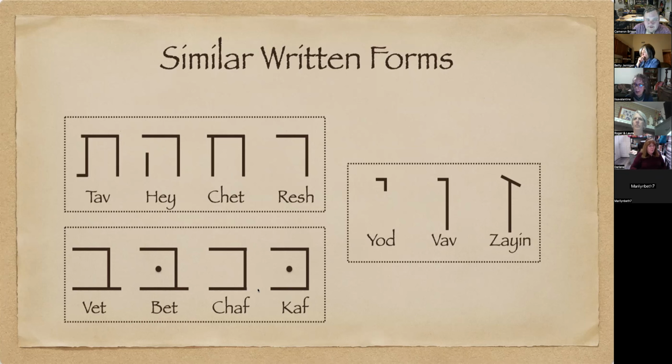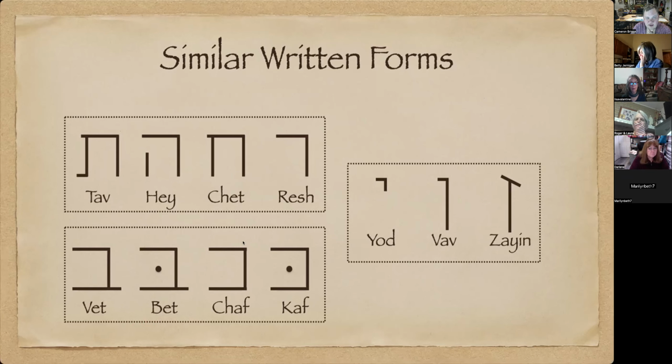The difference between chaf and kaf versus vet and bet is that vet and bet have the base extending past to the right, versus chaf and kaf that do not.